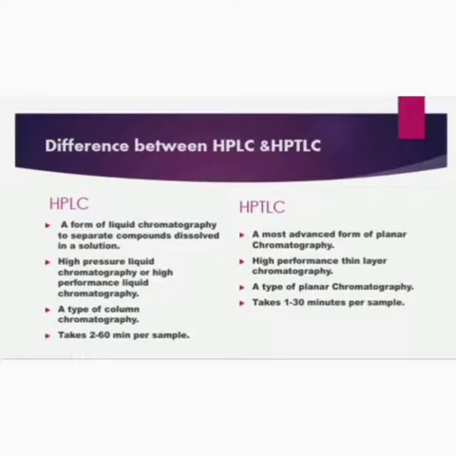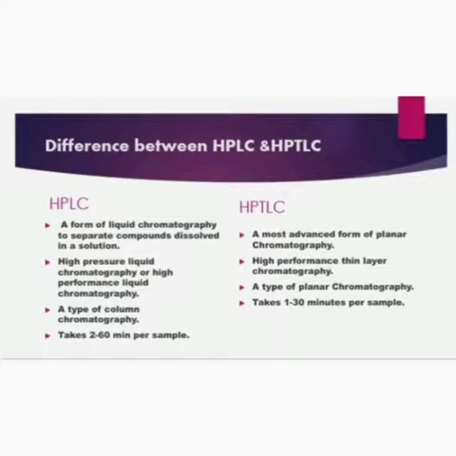Difference between HPLC and HPTLC. HPLC is high pressure liquid chromatography or high performance liquid chromatography. HPLC is a type of column chromatography. Per sample, it takes 2 to 60 minutes.